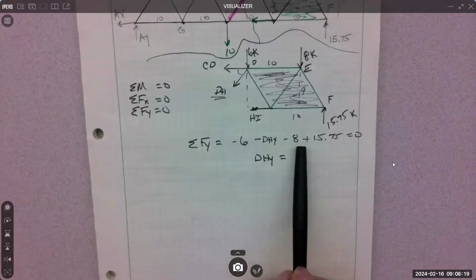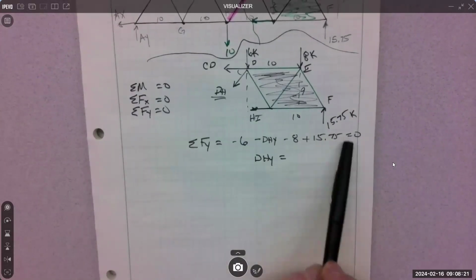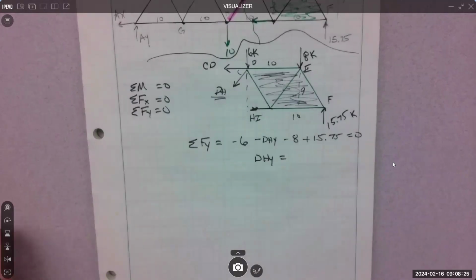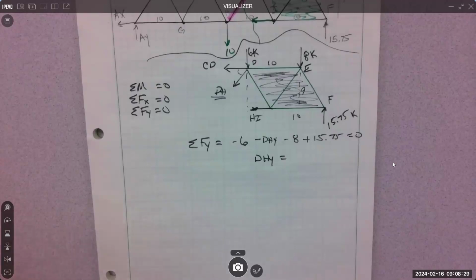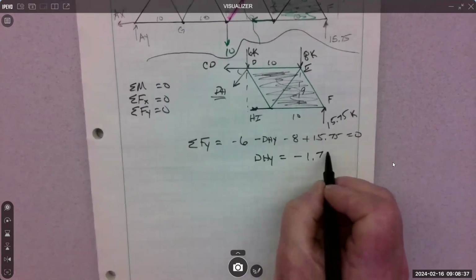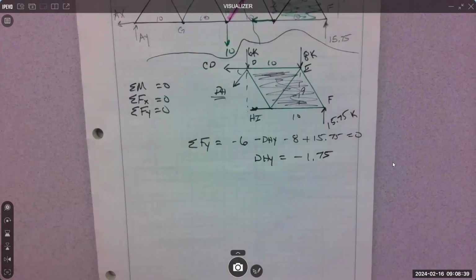So negative and negative move to the other side, become positive. This is positive, becomes negative. See what we get. That's what I get. Anybody else get that?